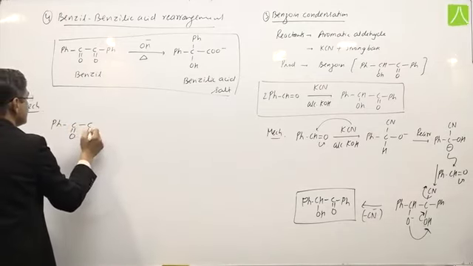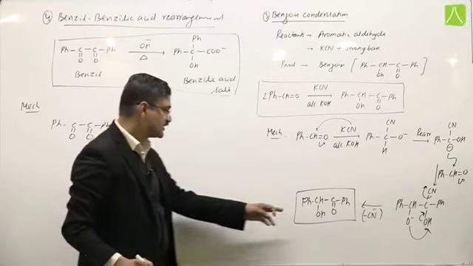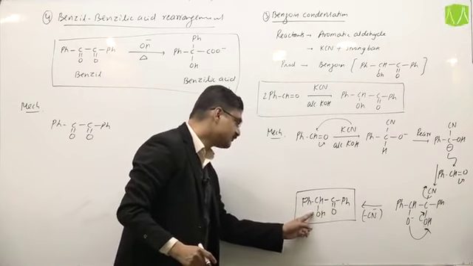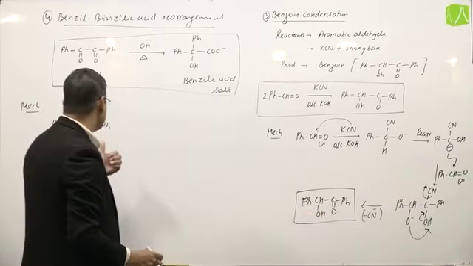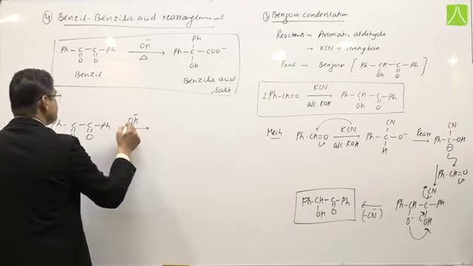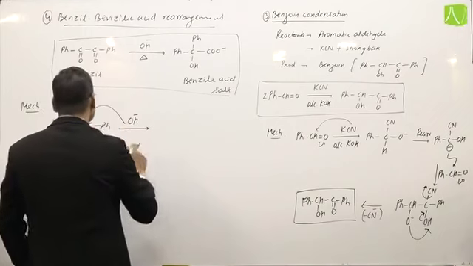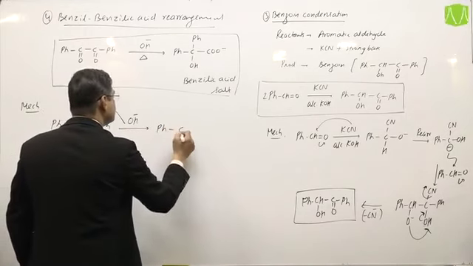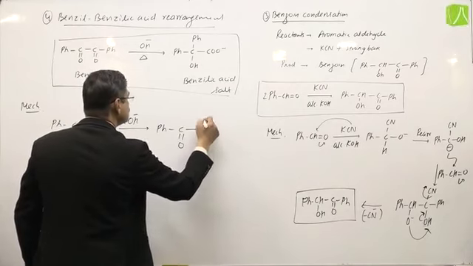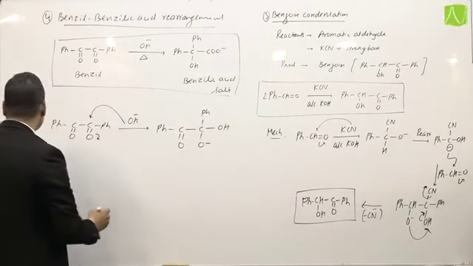PhCO COPh. This benzil can be obtained by the oxidation of benzoin. Benzoin has one alcohol, one ketone group. So after oxidation with PCC, we get the benzil. In basic medium, one OH attacks the carbonyl carbon. So this is the product.